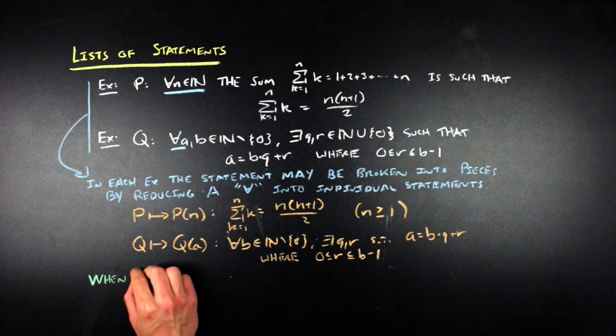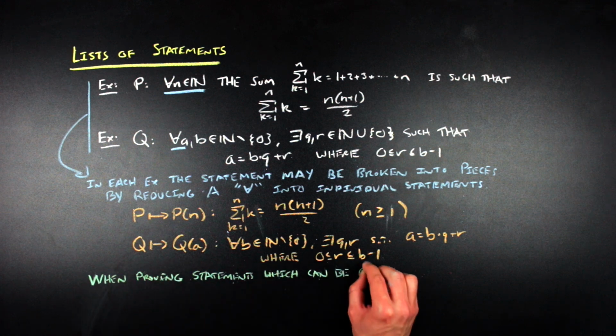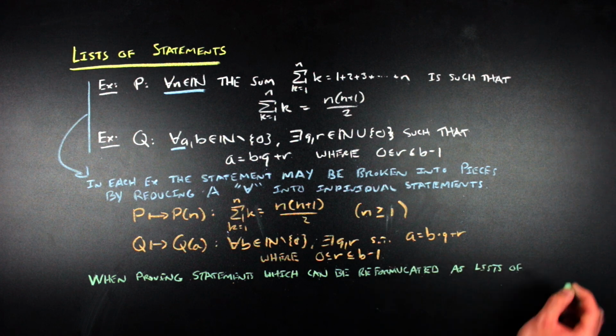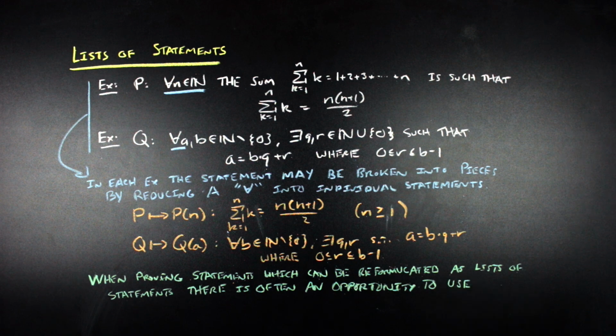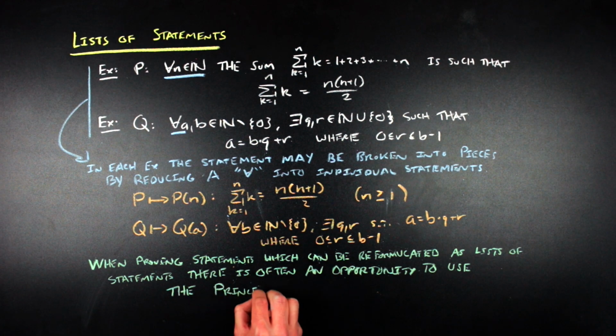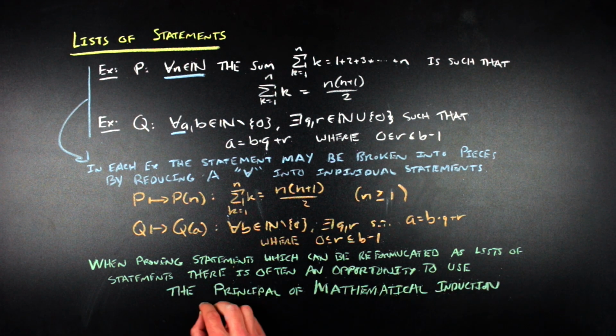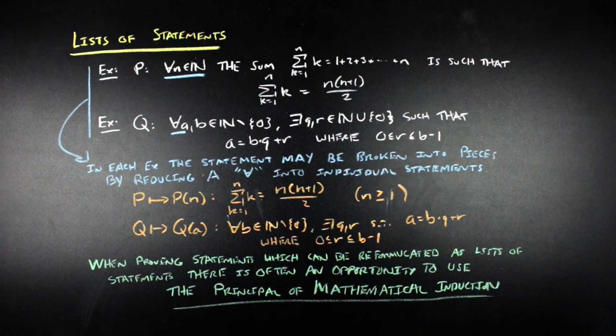Now, if you want to prove generalities that can be transformed into these lists of statements, oftentimes there's an opportunity to apply the principle of mathematical induction to these statements in order to get proof out of them, or recognize that they're true. There are several analogies out there for what induction is.